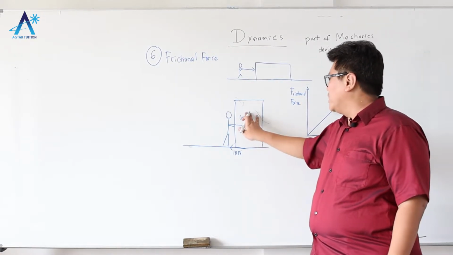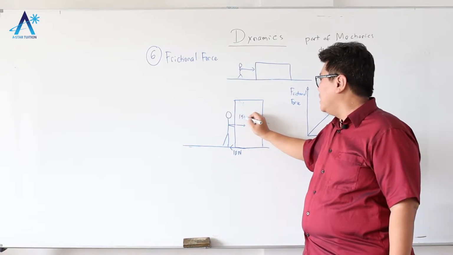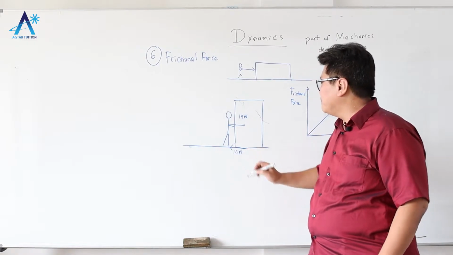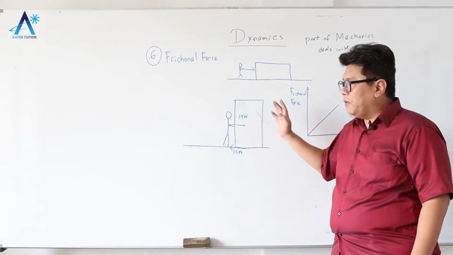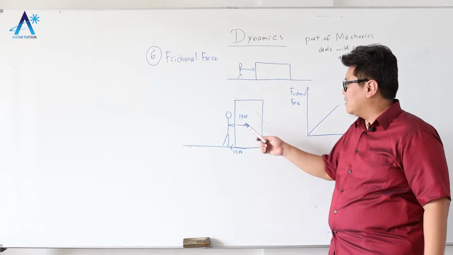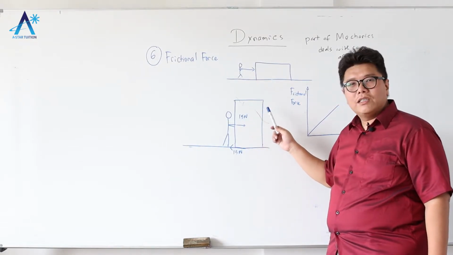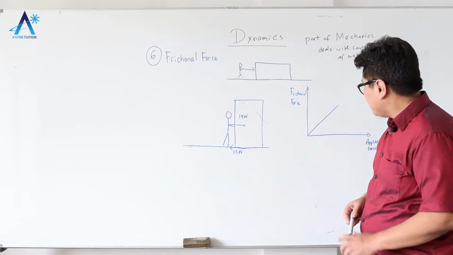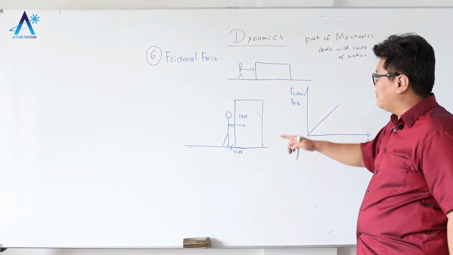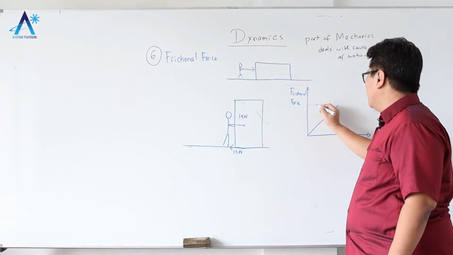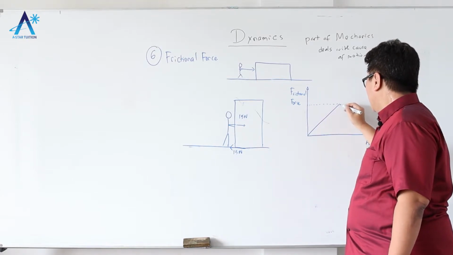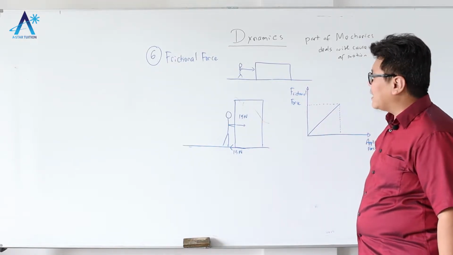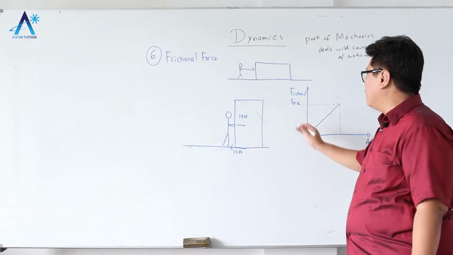Then you increase to 15 Newton, still not moving, so the frictional force is now 15 Newton. But at 15 Newton, it could be that the refrigerator is on the verge of moving, so it's about to move. So in this case 15 Newton is the maximum static frictional force.